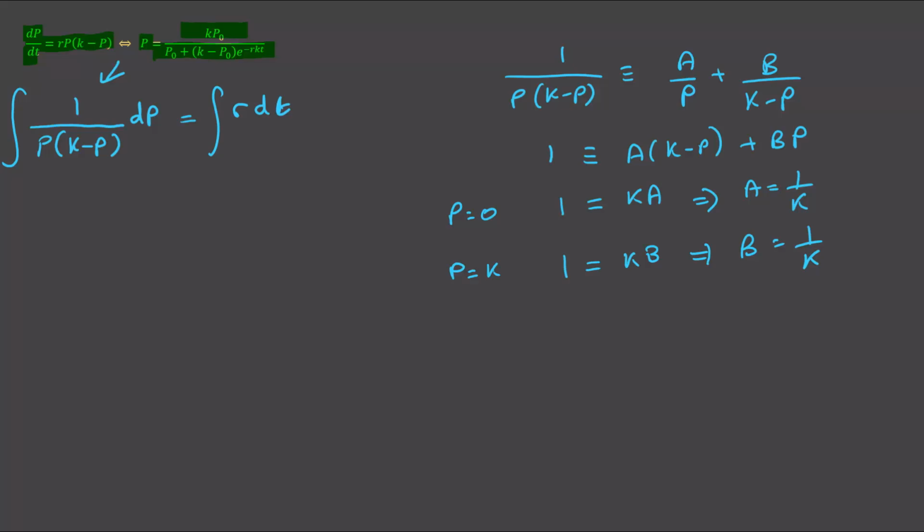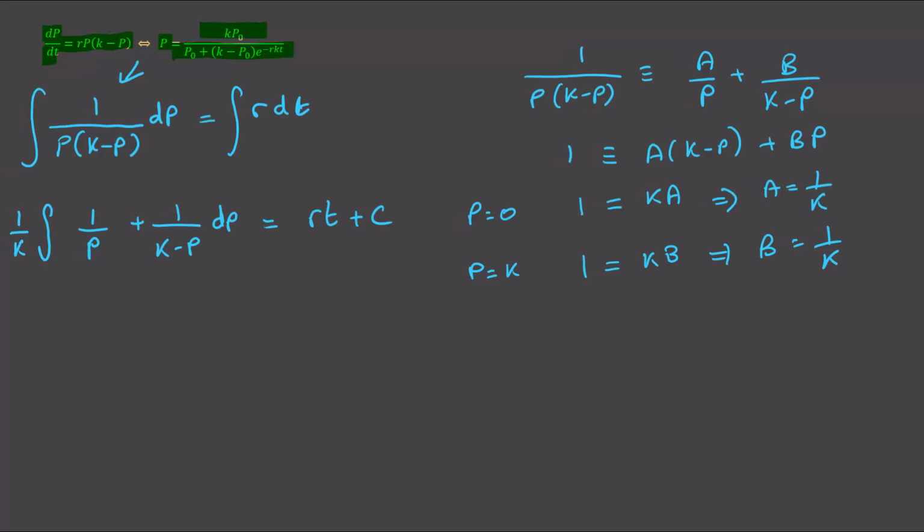And so over here, the left-hand side can become the integral. Let's put 1 over k outside, of 1 over p plus 1 over k − p dp, and that will be equal to rt plus a constant. We'll deal with that constant shortly. So we have 1 over k times ln p.